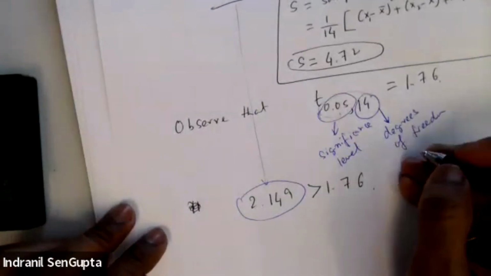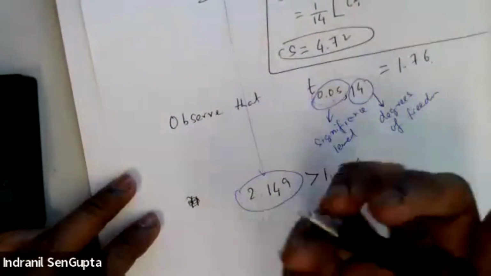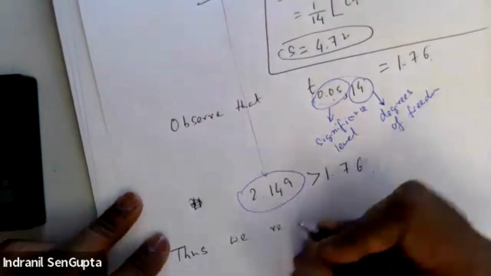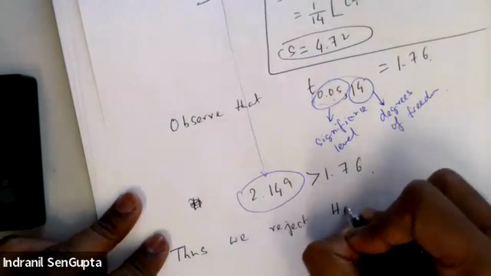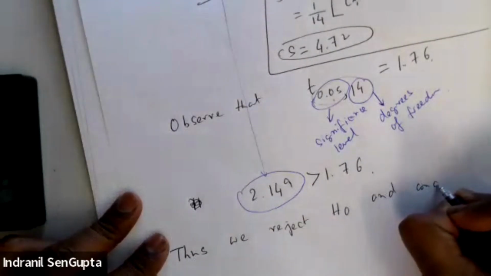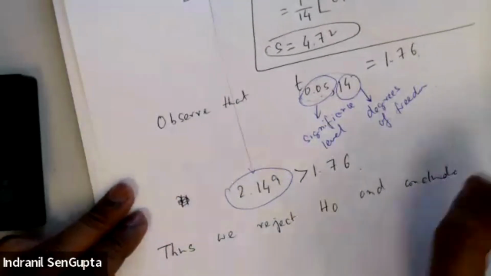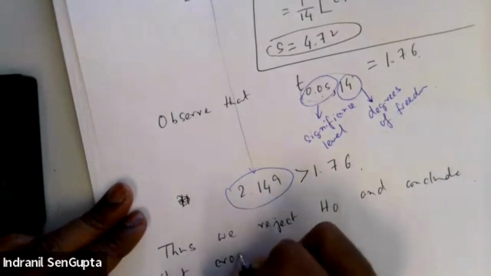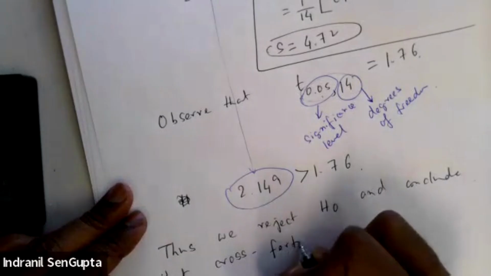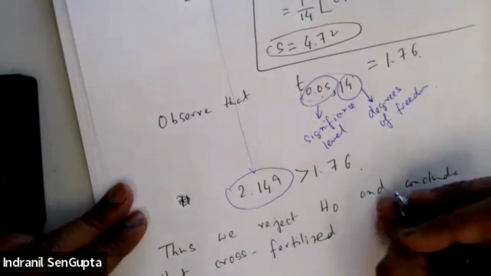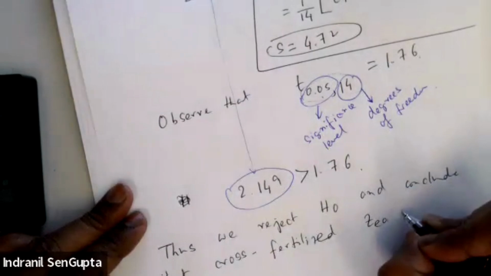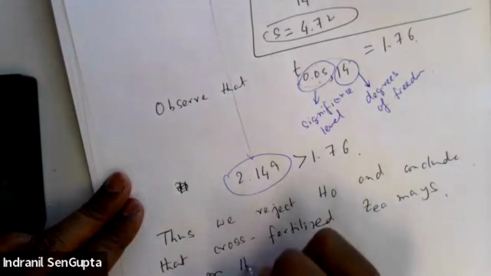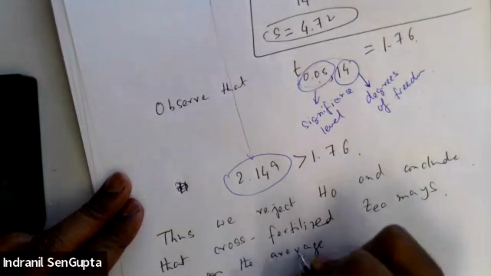Since this is bigger, the conclusion is that we reject H0 and conclude that cross-fertilized Zea mays plants are on average taller.